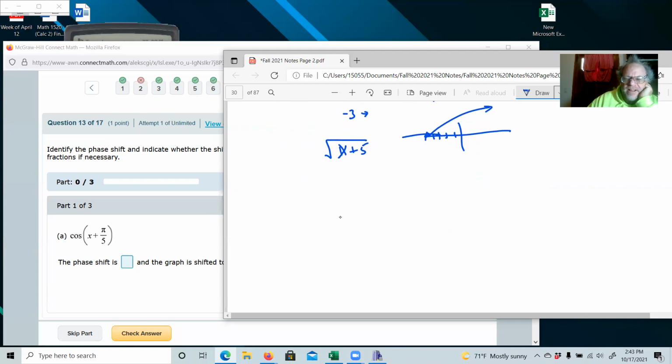Let's make an easy one. How about the square root of 3x plus 3, or the square root of 3x plus 6? Where do I start?